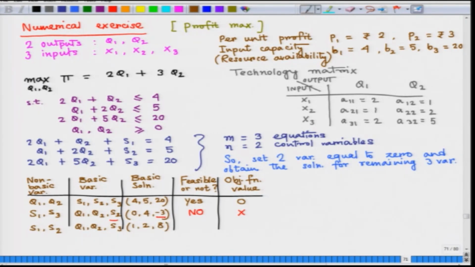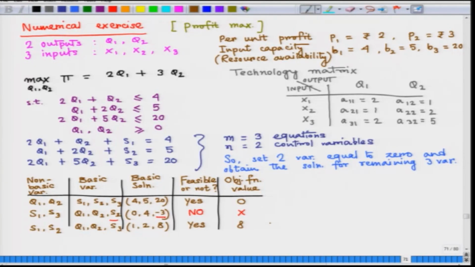Okay. And is this a feasible solution? Yes, of course, because at this point basically all the constraints are met, right. So, we have yes here, and what is the objective function value? That we can compute to be 8.